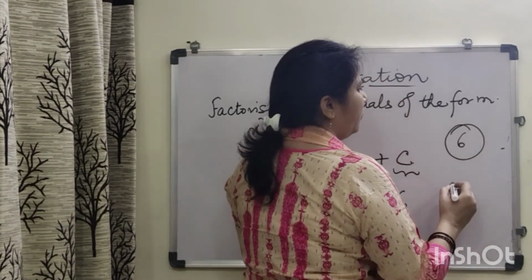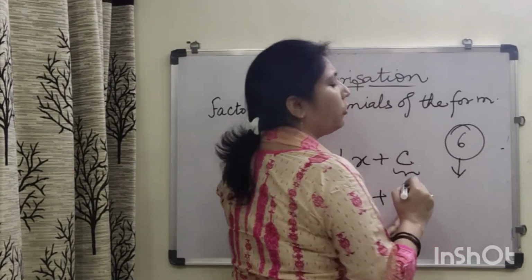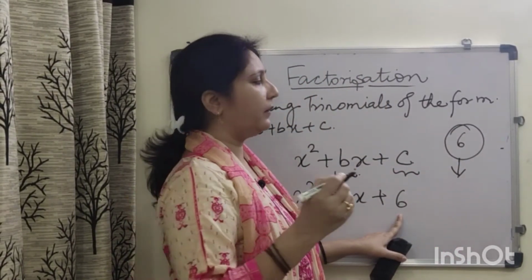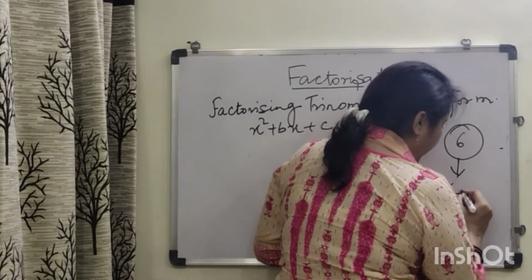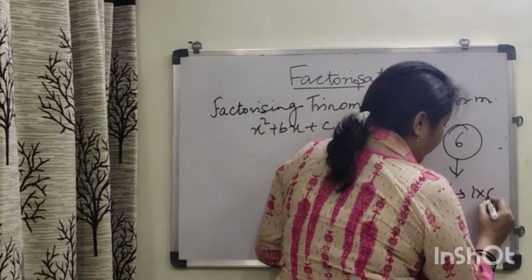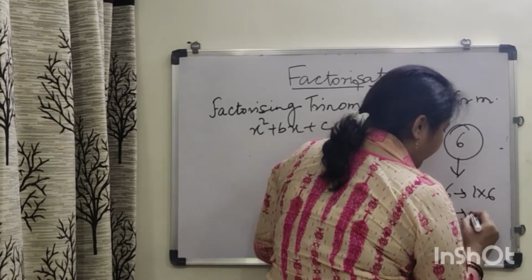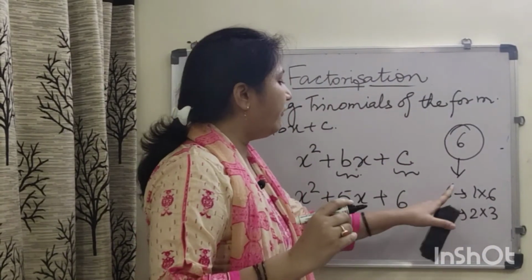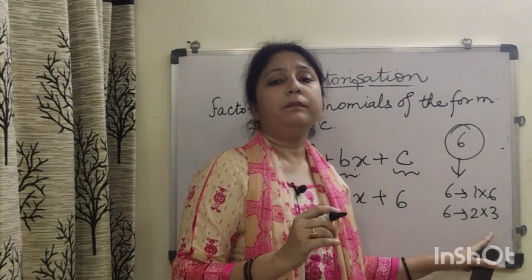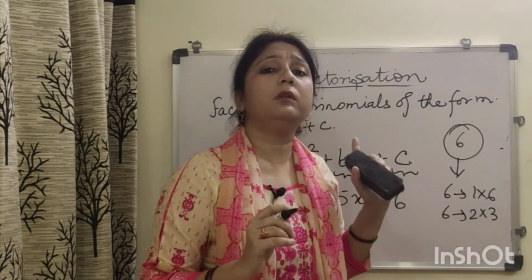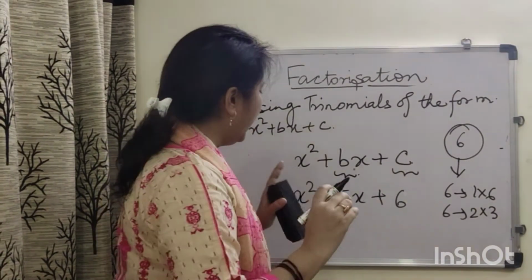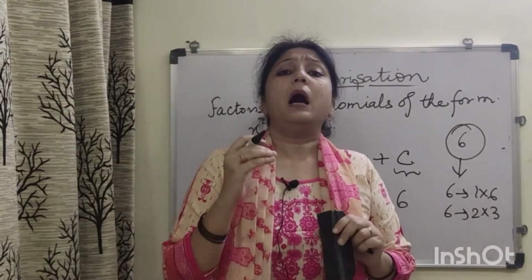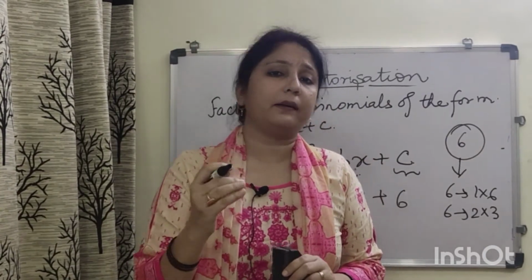Now, you get the two factors of 6 in such a way. See, you will get many factors, like 6 can be written as 1 into 6. 6 can be written as 2 into 3. Whichever is suitable to you, you use that one. Like if I am taking both the factors, I will show you how you will be using the factors.